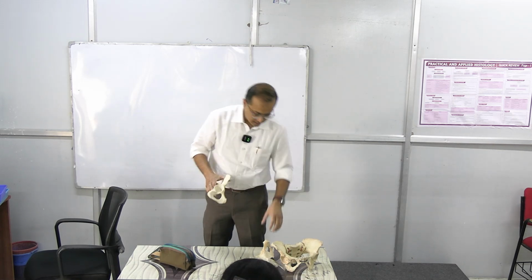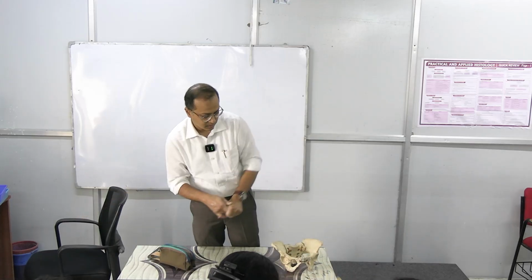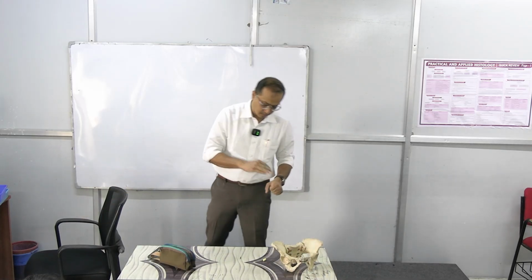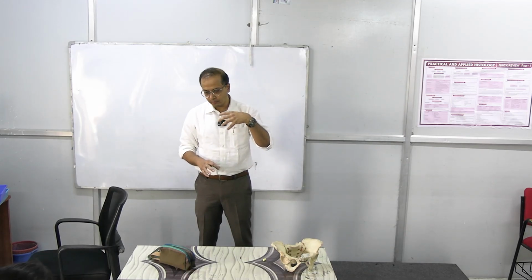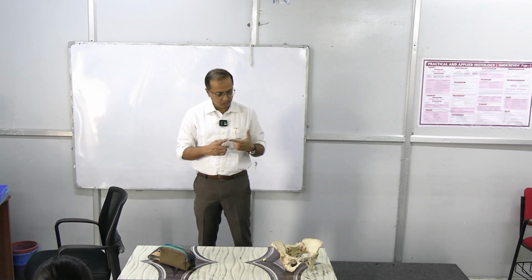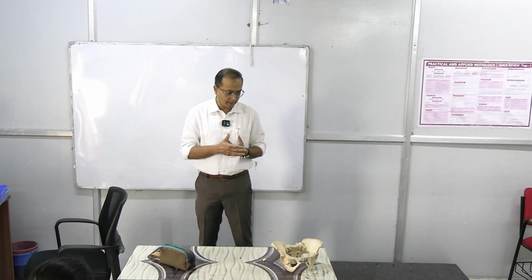You have to see that bone in your hand and identify which side it belongs to. Once you can identify the side, you have to hold it at the proper angle: the anterior superior iliac spine and the pubic tubercle should be in the same vertical plane.